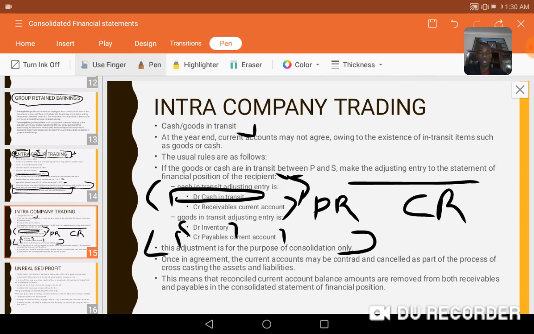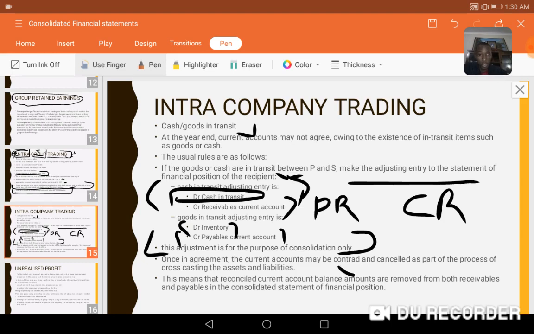We can't say we will only capture when we actually receive them. No, we are a family. It's a subsidiary, so we assume as if the transaction has occurred for the sake of reconciliation or for the sake of consolidating. So once there is an agreement, the current accounts may be contra-ed or cancelled.